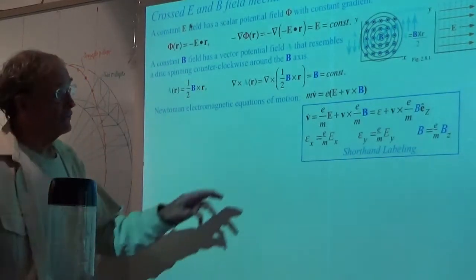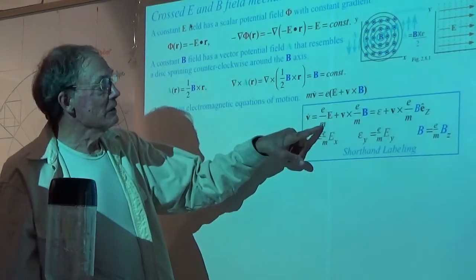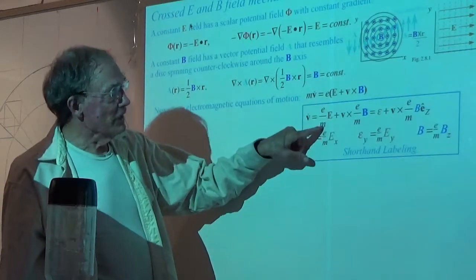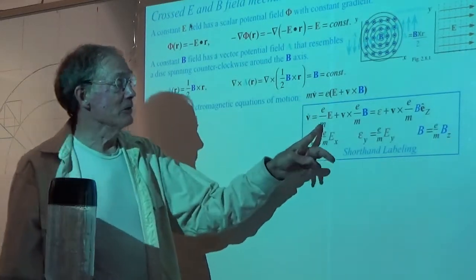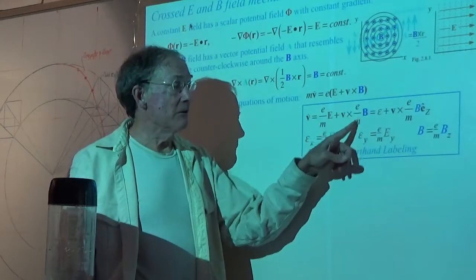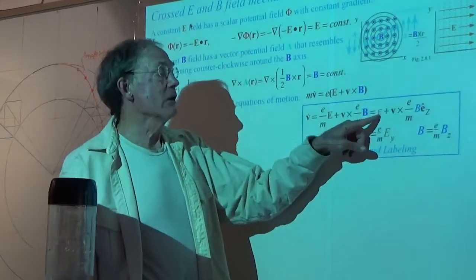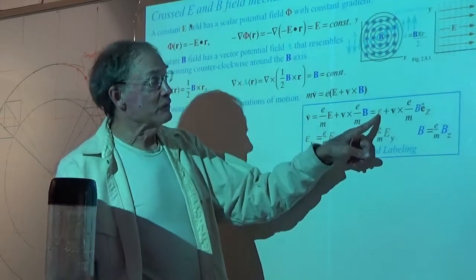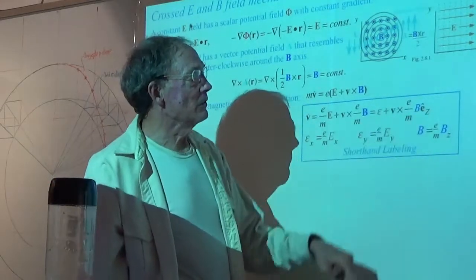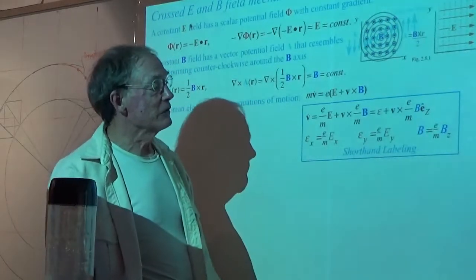So I'm going to take this and do some shorthand labeling here. Because if I divide through by m, I get E over m, very famous ratio, the Thomson ratio, I guess it's called. V cross B with that coefficient. And I'm going to call this one epsilon vector. And this one right here is just one component, the Z component of the magnetic field is the only one active in any of these.